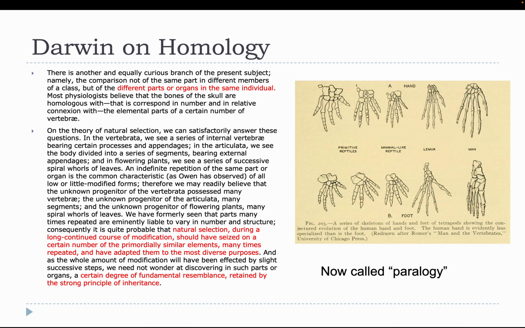He came up with this idea and discussed it. Now you can argue that we now would call this paralogy, particularly in sequence terms, but the ideas are there originally, not just in Darwin. Owen noticed this as well, but it's all there.